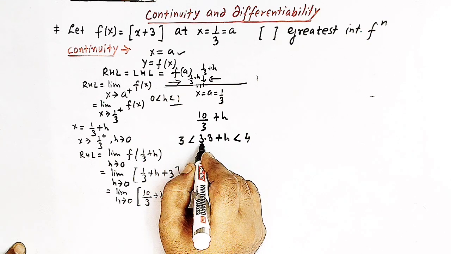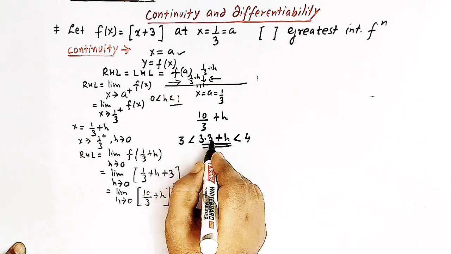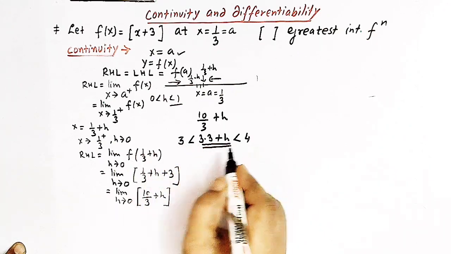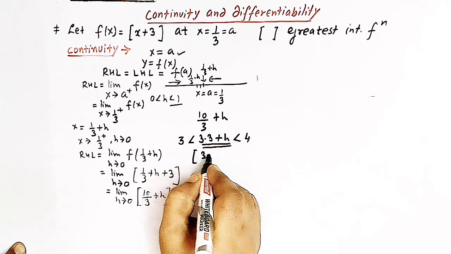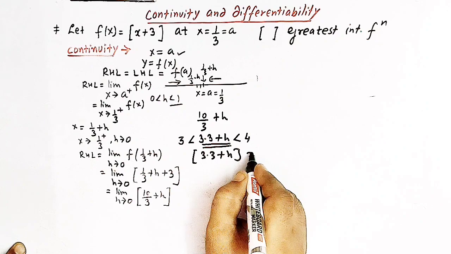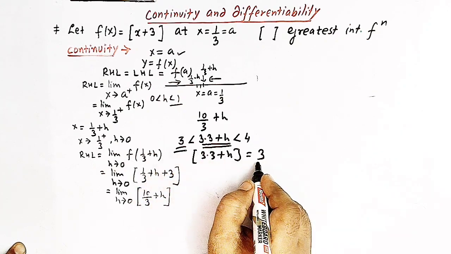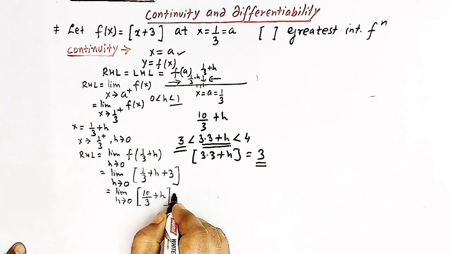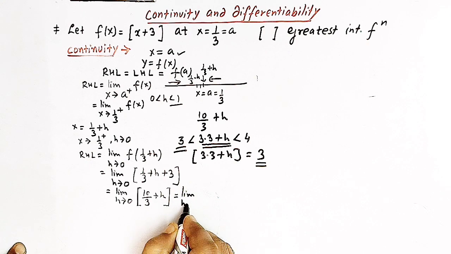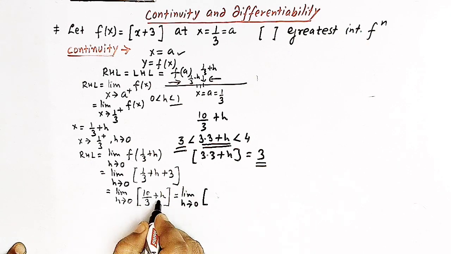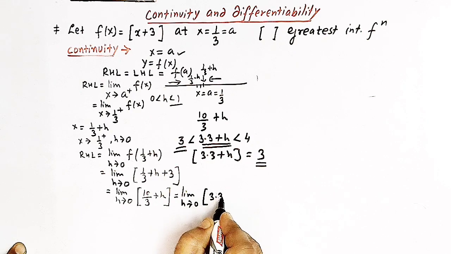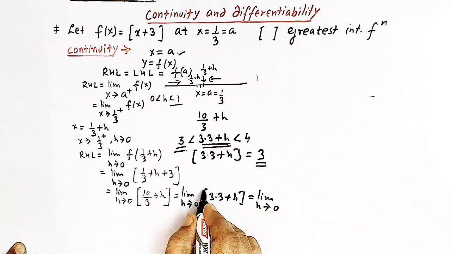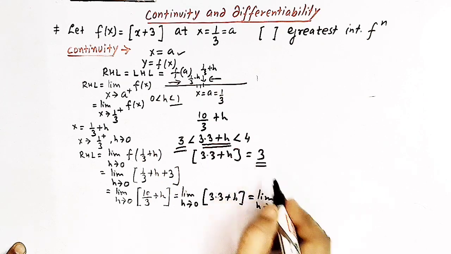In other words, this number 3.3 plus h lies between 3 and 4. So the greatest integer of 3.3 plus h is equal to 3 by the definition of the greatest integer function. So we have limit h tends to 0 of the greatest integer of 10 over 3 plus h, which is 3.3 plus h, and this is equal to 3.